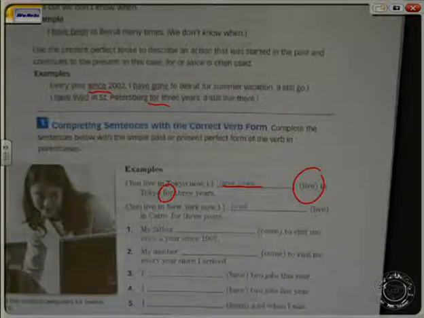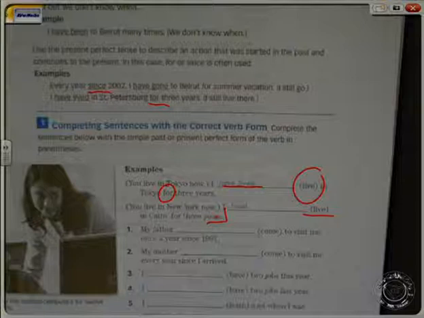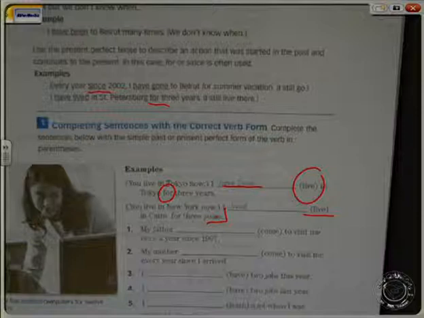Okay, let's take another example. You live in New York right now. So you say, I lived in Cairo for 3 years. You live in New York right now, but you're talking about Cairo, which you lived in and you're finished living there, so you use the simple past.